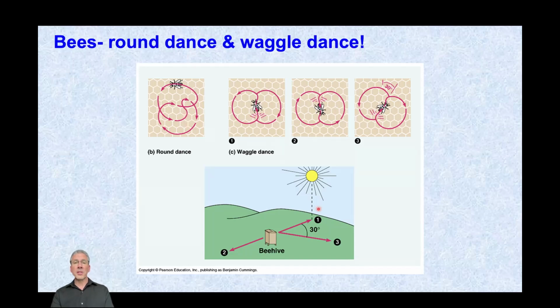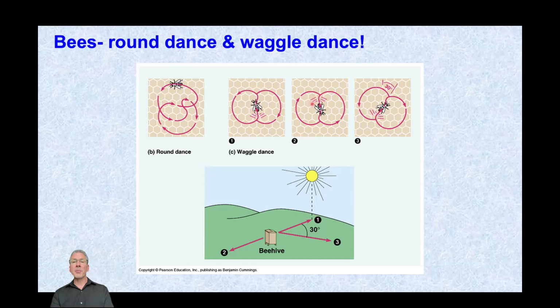Or if the source of food is a little farther away, the bee can fly back and do the so-called waggle dance like we see here. So it's basically a figure eight, and the bee can sort of vibrate its abdomen. If it does so moving directly upward like we see here, that communicates to the other bees to fly directly toward the sun.